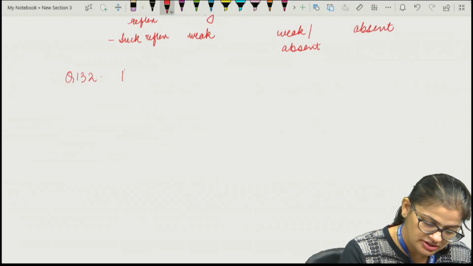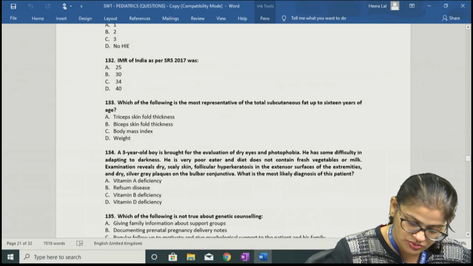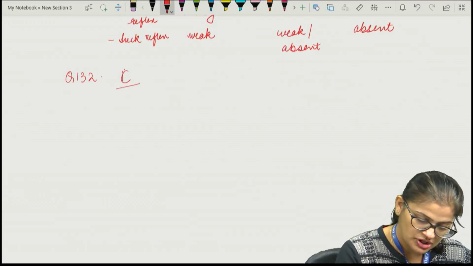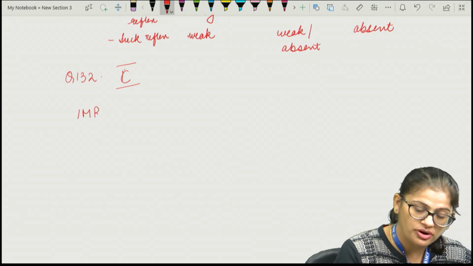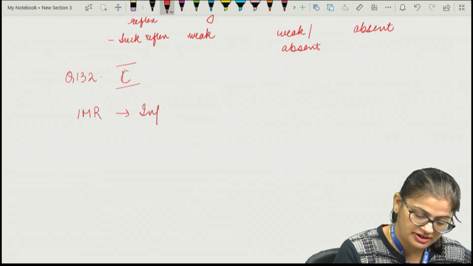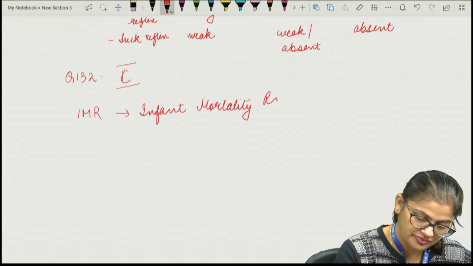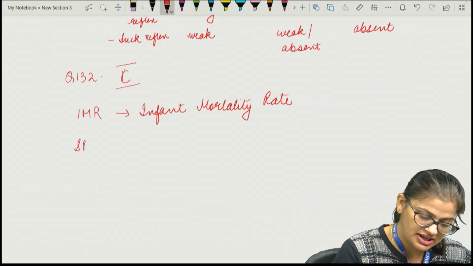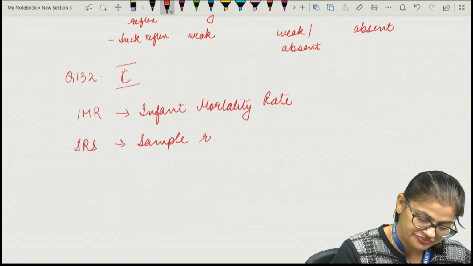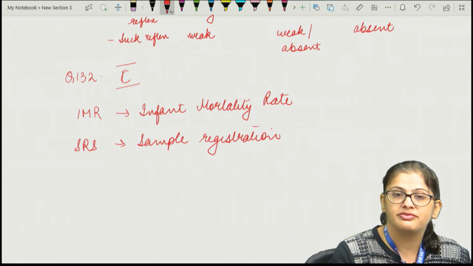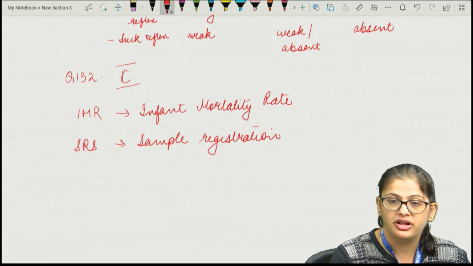Now the correct answer to this question was option number C, that is 34. So IMR stands for infant mortality rate. And SRS stands for sample registration system. So as per the SRS of 2017, the infant mortality rate of India was 34.